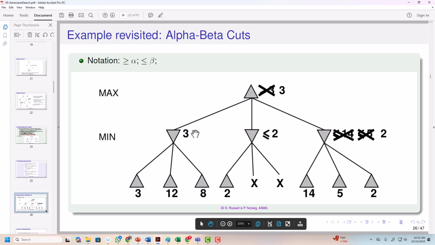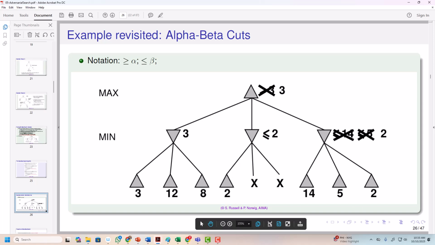Then when the value is 3 here, I come down here and check 2. This is already a pretty low value, lower than 3. So min will definitely choose this path, when it knows that the earlier max was making his value 3 and I got a cheaper path. So if max comes this way, I will definitely play this move, and bring him down to 2.